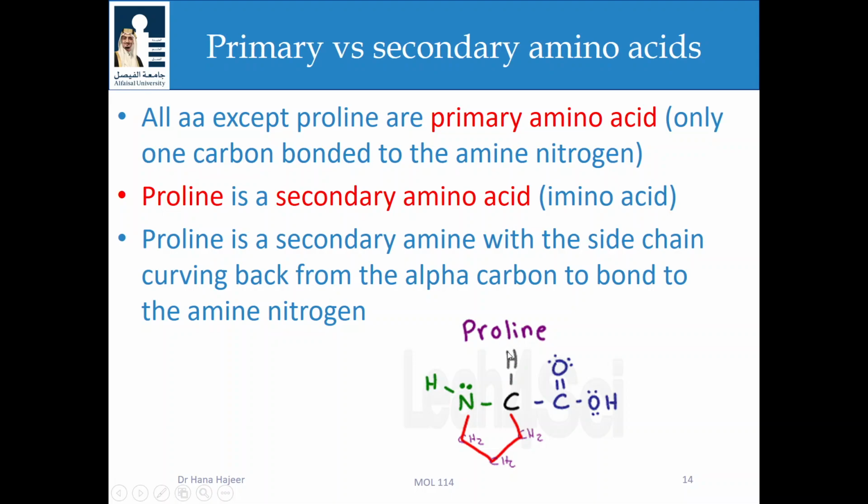Okay, so the side chain is curving back from the alpha carbon to have a bond with the amine nitrogen. Just some terminology, we call it secondary amino acid or imino acid because of this unusual bond between the R and the amino group.